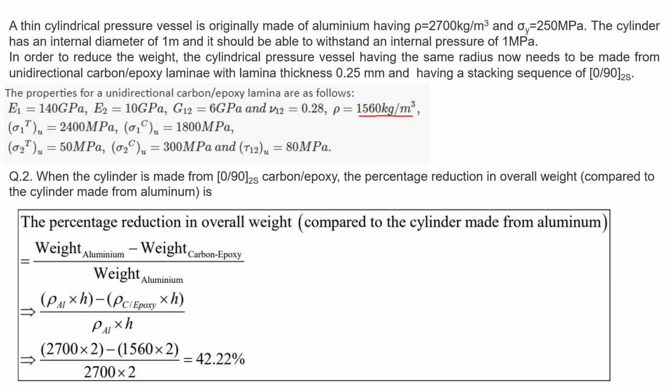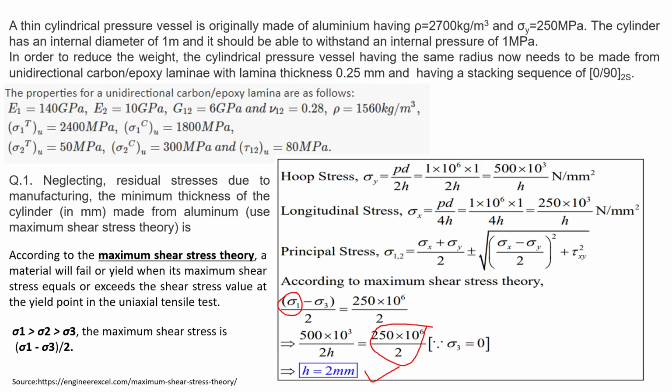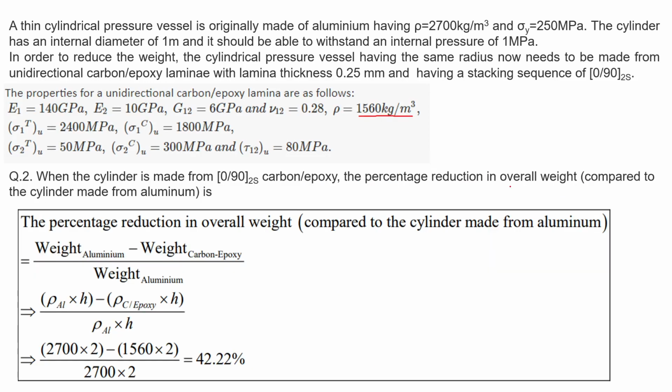As you can see here, thickness is given, but thickness is the same in both cases, as previously we solved the thickness for the aluminium pressure vessel, and the thickness given here for the carbon epoxy pressure vessel is 0.25 mm, one lamina thickness, and as it is a 0/90 2S, that means there are 8 laminas. So 0/90, 0/90, 0/90, 0/90. So there will be 8 total laminas.